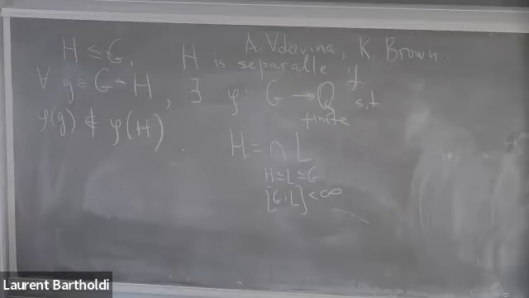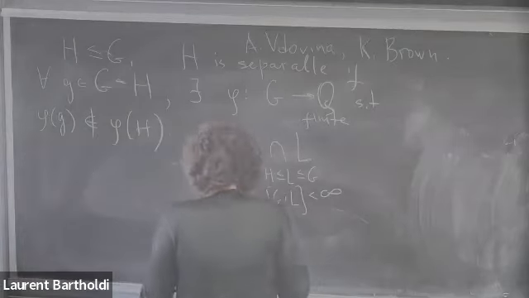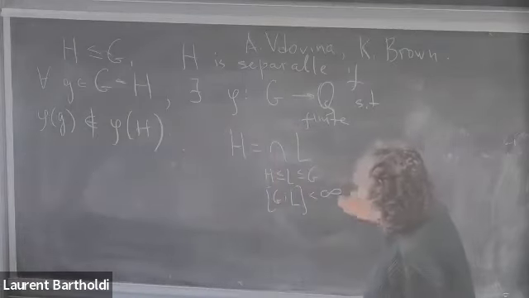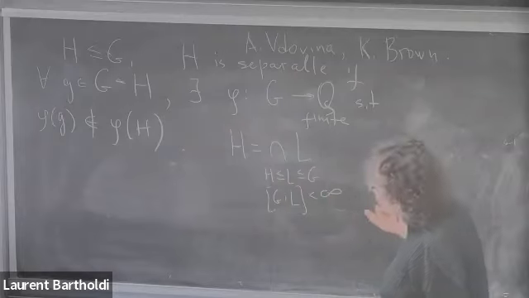So when Agol proved the conjecture of Wise, that every cubical hyperbolic group is virtually embeddable into a RAAG, in group theoretic terms, it is that cubically convex-cocompact subgroups of RAAGs are separable.